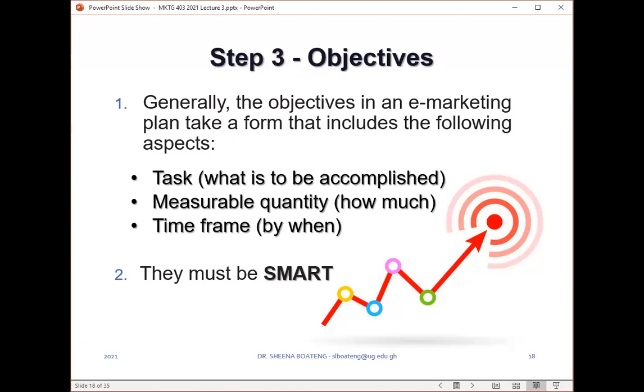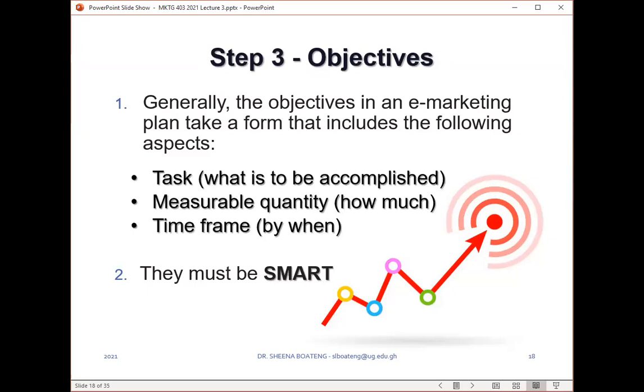So finally, we talk about the fact that it should also be time-bound or time-based or timely. You can't spend your whole time, the whole fiscal year, working at achieving one objective, because you need to be able to work incrementally towards achieving the overall goal of the firm.